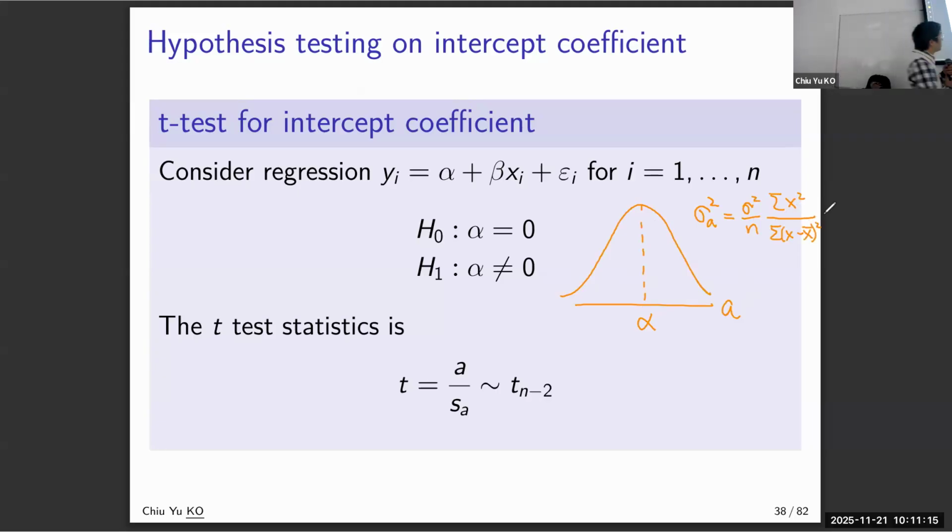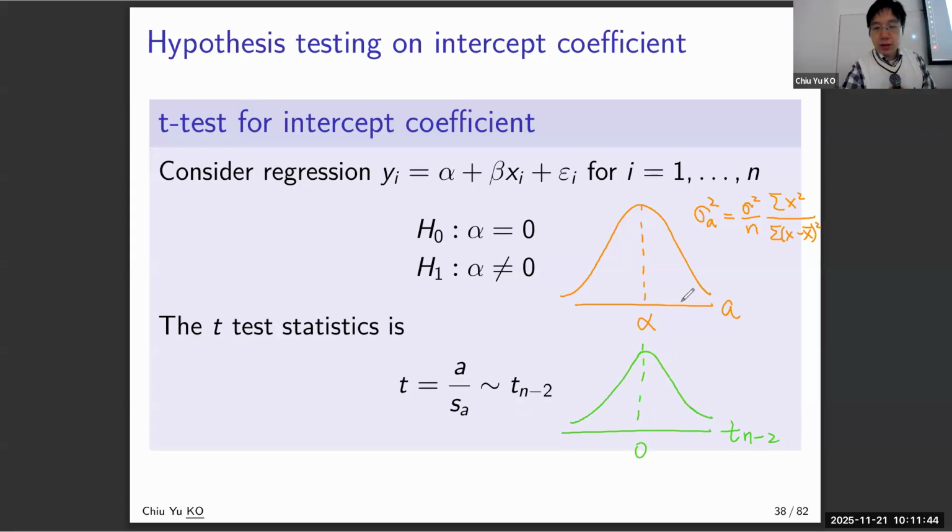So this is the formula, but the troublesome point is we don't really know the sigma, right? So you know the bell curve, we can replace the sigma by S. In that case, you look at the T instead. T with n minus 2 degrees of freedom, and this becomes 0.